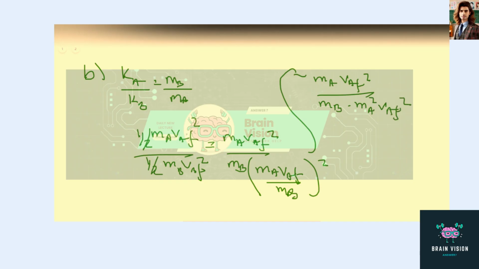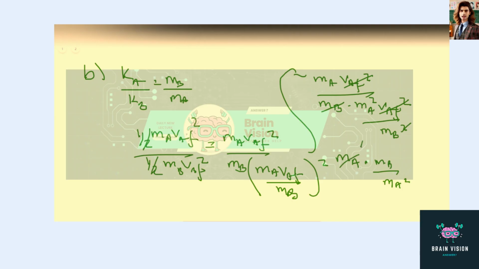This is MB squared, and you can use that to simplify. The VA final squared will also cancel. So you have MA times MB over MA squared.